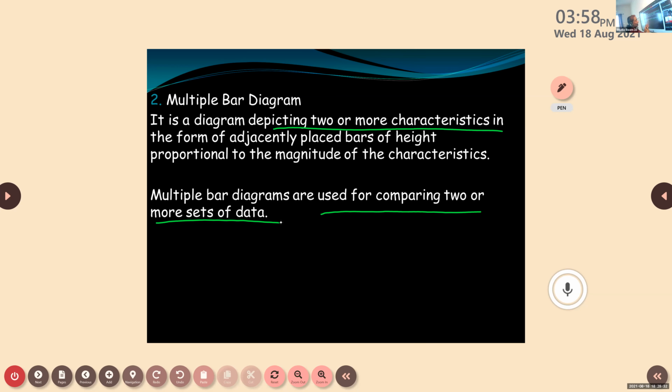What do you mean by adjacently placed? It will be placed nearby, and the total will be shown in that particular year. These are the characteristics of three things. Like that they will be shown through the multiple bar diagram. Why are we using this particular kind of bar diagram? It is used for comparing two or more sets of data.